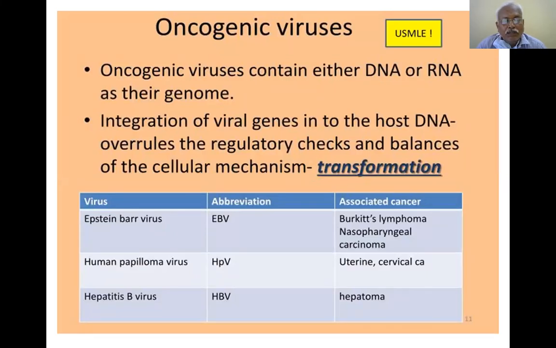And hepatitis B virus is abbreviated as HBV, and that is known to cause hepatoma, primary hepatic cell carcinoma, HCC. So hepatitis B virus is known to cause hepatoma. That's why by all means we are trying to prevent this hepatitis by giving 3 doses of hepatitis B vaccine to all the people, especially in this medical profession.